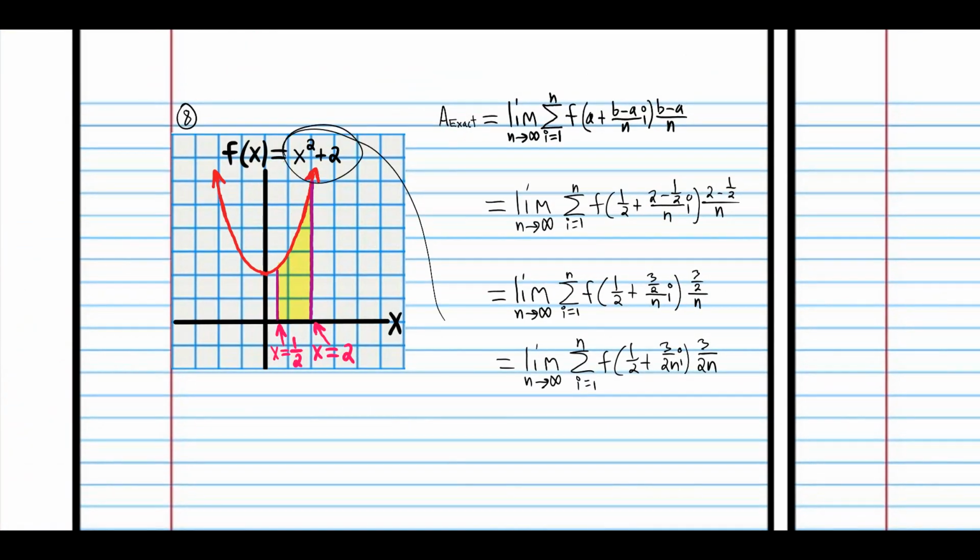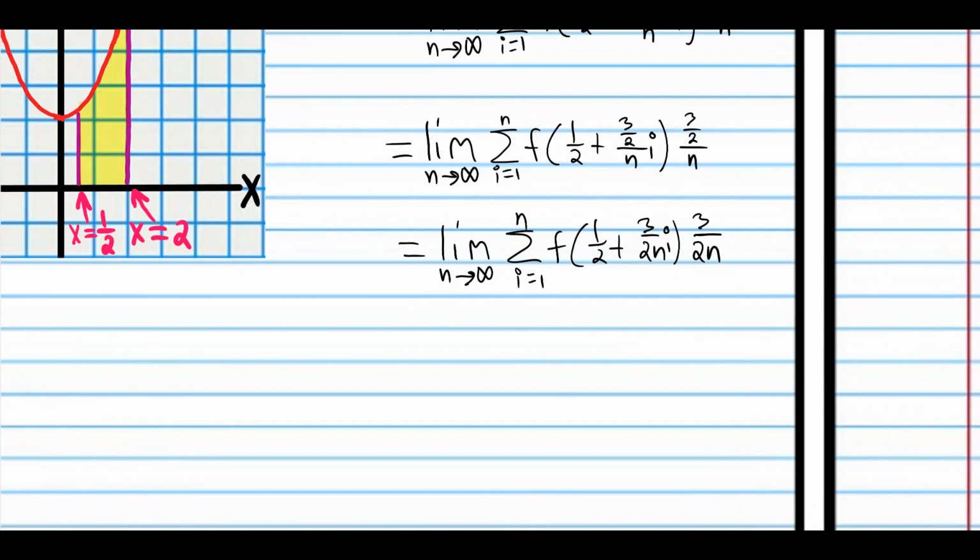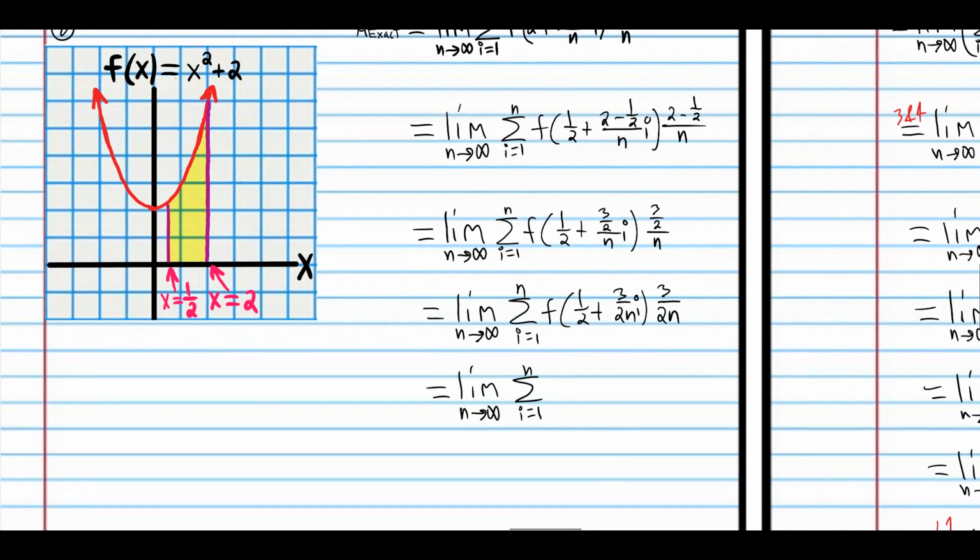So we have x squared plus 2. And all of that has to be multiplied by 3 over 2n.